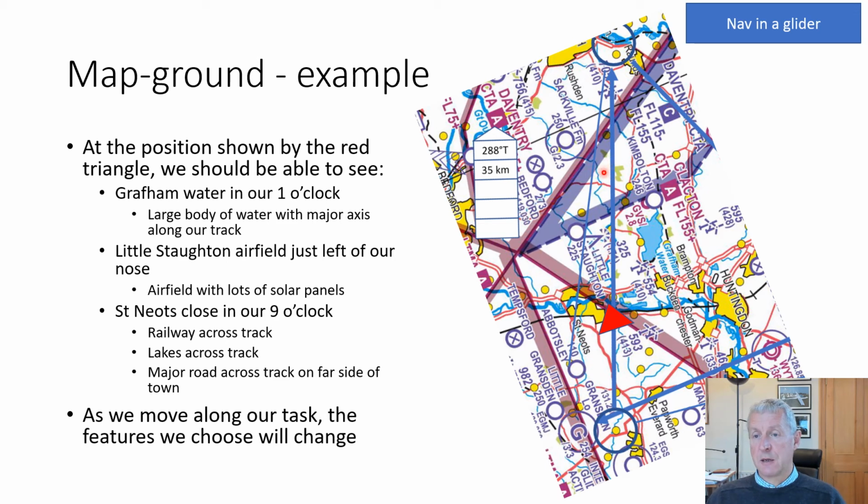So as we're up here, we've got Grafham back over our shoulder. We've got Sackville Farm, another airfield, off to one side, and Bedford on the left wing, perhaps. So 2 airfields that we can positively identify, and a lake is a pretty good set of features. And by maintaining those 3 features as we move along, we can identify our turning point as we get to it.